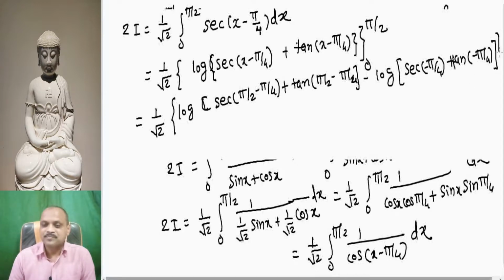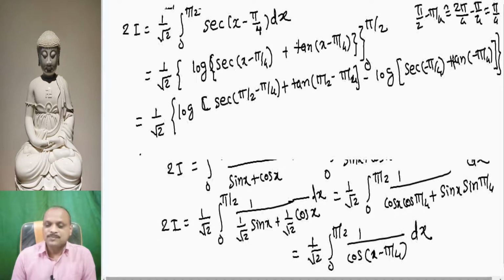Okay, here pi by 2 minus pi by 4 equal to 2 pi divided by 4 minus pi by 4, and this will be pi divided by 4.